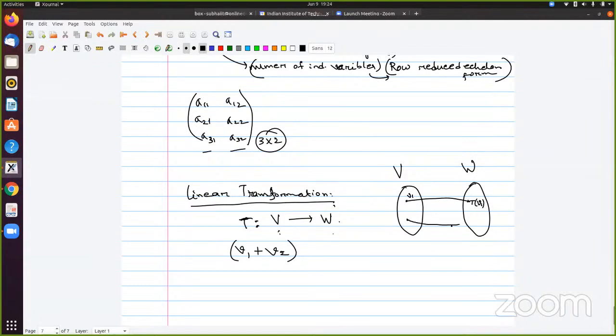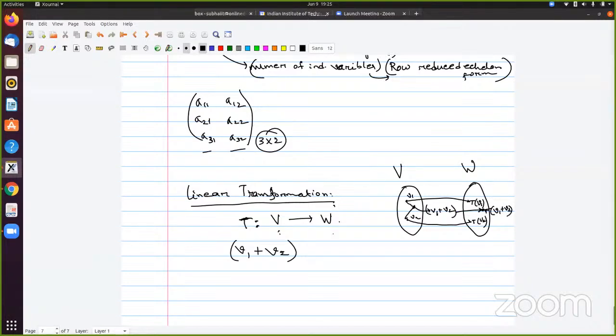V2 goes somewhere here, this is T V2. Now there is some element V1 plus V2, and it will go somewhere in W. This is T of V1 plus V2.